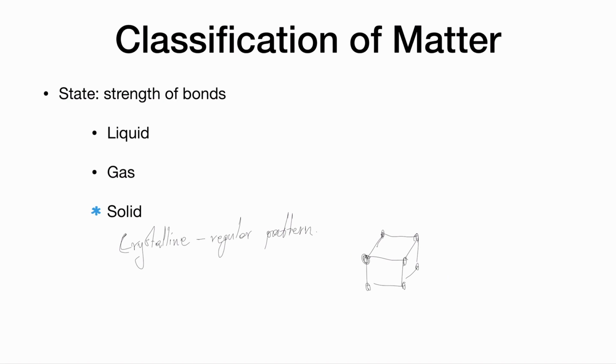And this is true mainly for metals. Metals are typically regular in their pattern at the atomic level.